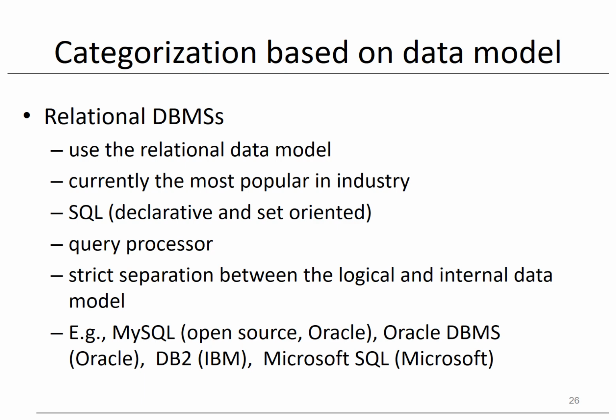Data independence is available thanks to a strict separation between the logical and internal data model. This makes it very attractive to develop powerful database applications. Popular examples are MySQL, which is open source and maintained by Oracle, the Oracle DBMS, also provided by Oracle, DB2 from IBM, and Microsoft SQL Server from Microsoft.